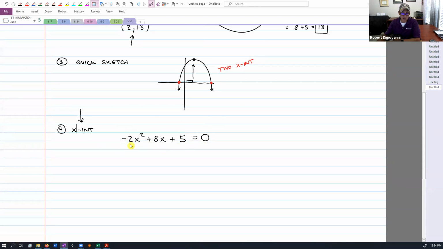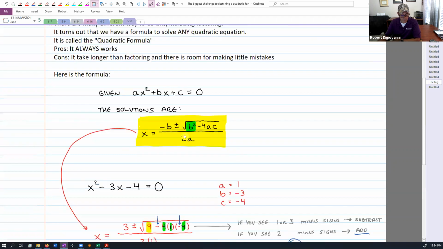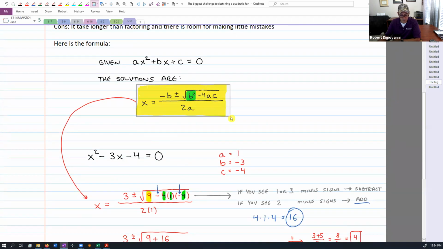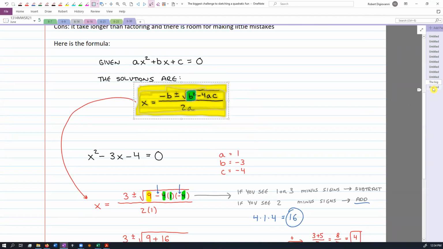This is called a quadratic equation. I designed this problem so it does not factor, which means you only have one choice, the quadratic formula, which is what I put on the previous page. Let me copy that and bring it here.